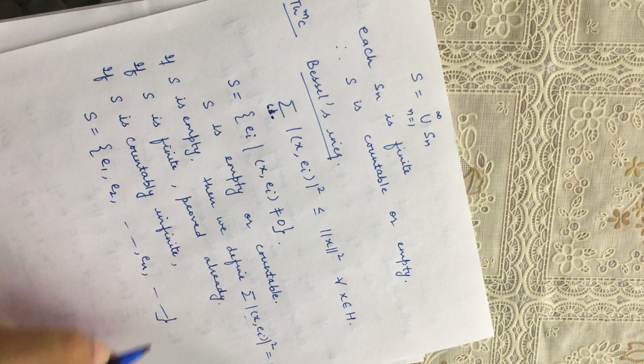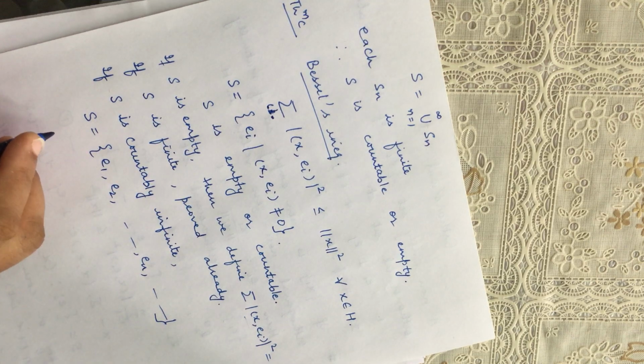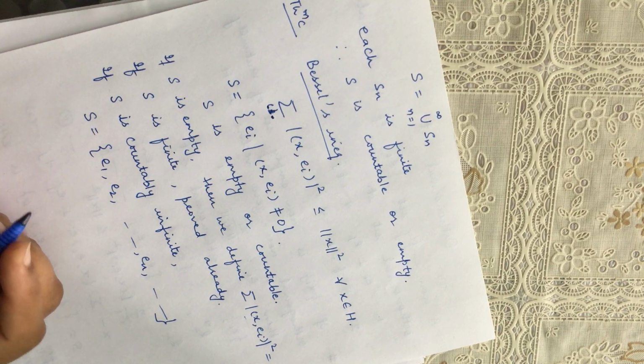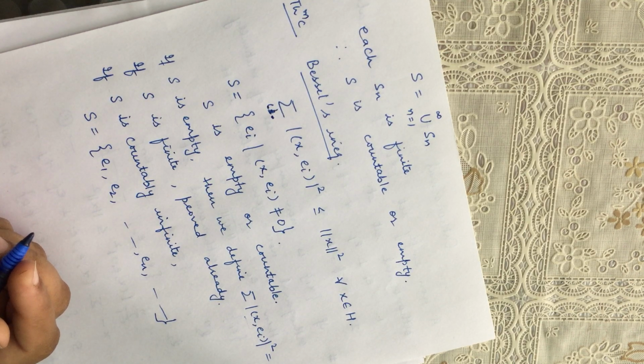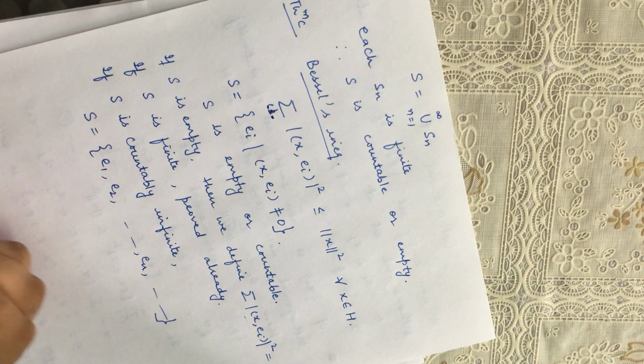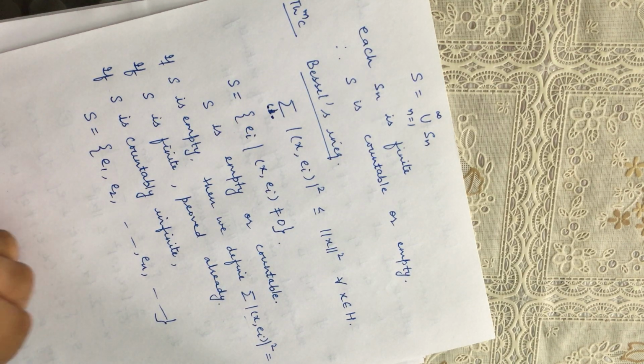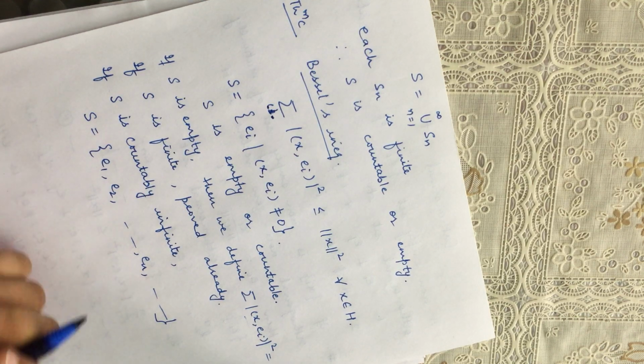Because this is a countable set, we can rearrange them in a sequence. Now by the theory of absolutely convergent series, we know that if the sum of the modulus of something converges, then every series obtained by rearranging the terms also converges, and they have the same sum.